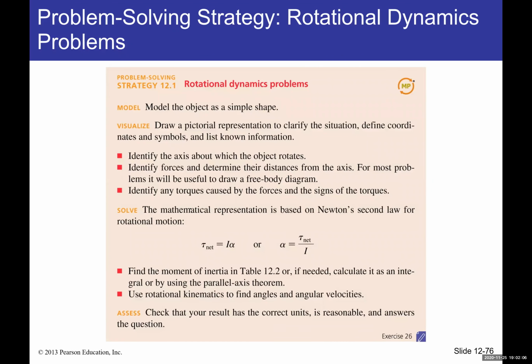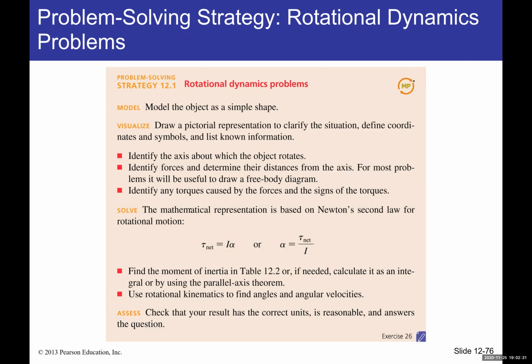So this is kind of a problem-solving strategy. Model the object as a simple shape, draw a picture, and try to do the free body diagrams. It's been kind of disappointing to see how many of you are not using the free body diagrams, which are very, very useful and very important. So try to use them.